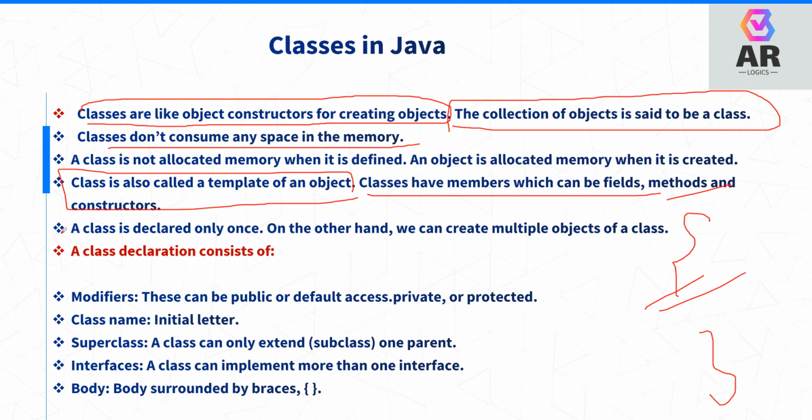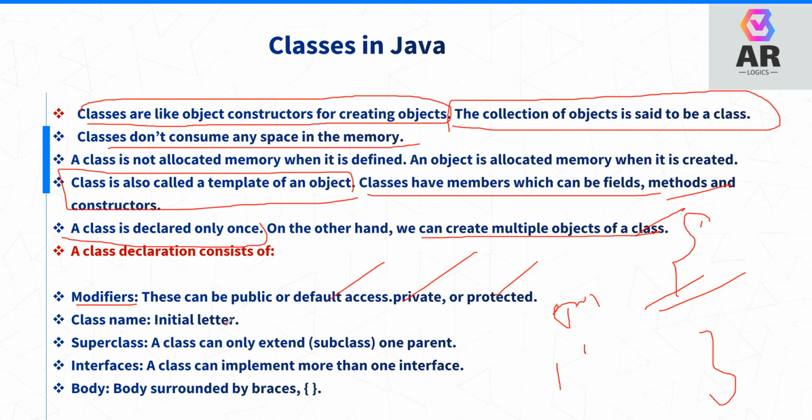A class is declared only once, but we can create multiple objects of the class. Classes can be private, public, protected, using access modifiers before creating the class.